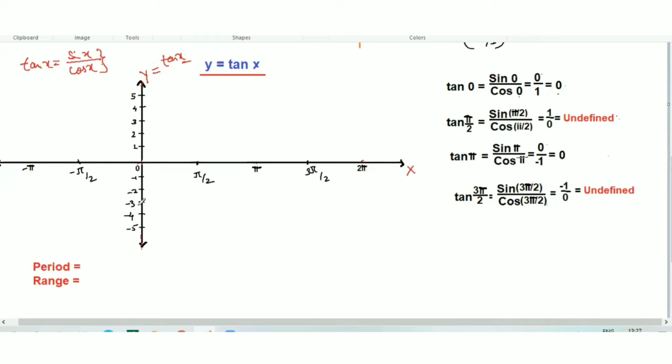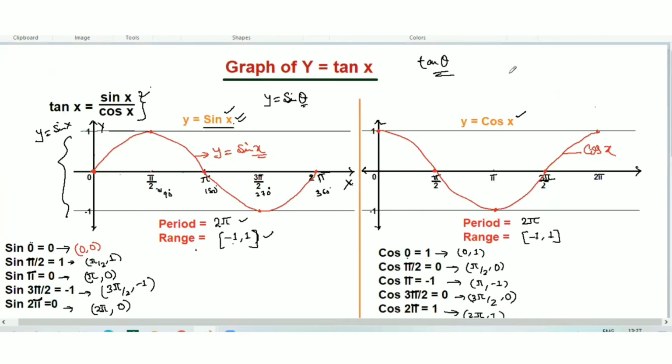So let's find out a few angles and the coordinate points first. So I have taken here angle 0 degree. So tan of 0 degree, tan of x is 0. So what is tan x? The formula is sine 0 over cos 0. And from the top, you can see that sine 0 is 0 and cos 0 is 1.